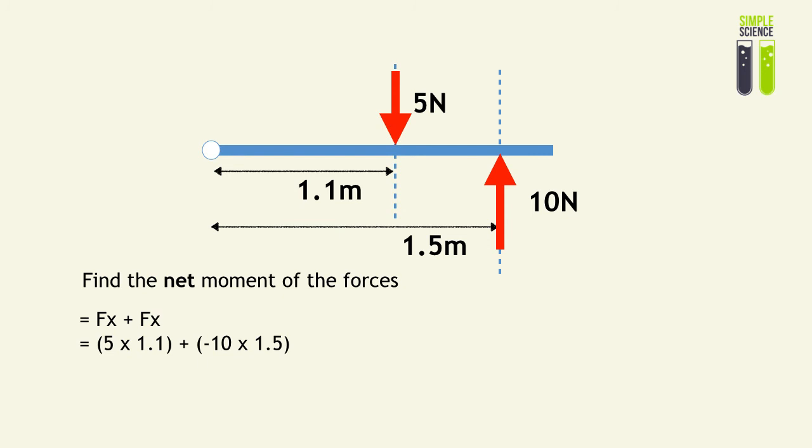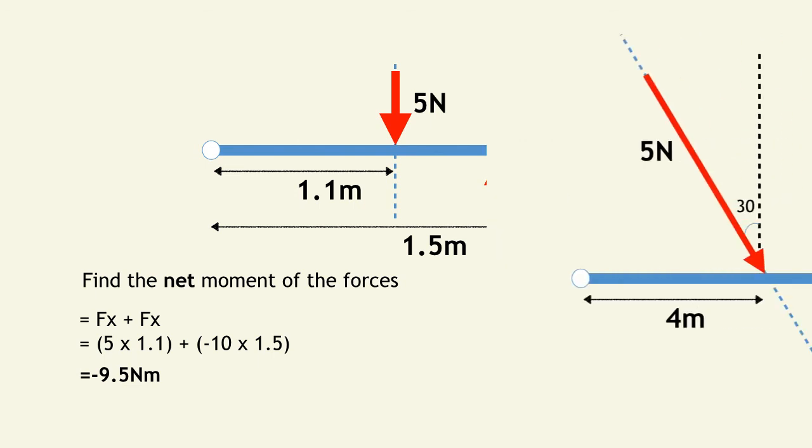Such as if you want to make 5 newtons a positive force, you have to make 10 newtons negative. So you have 5 times 1.1 add minus 10 newtons times 1.5 meters from the pivot. And this should give you a turning effect of minus 9.5 newton meters. So you would expect this thing to rotate anti-clockwise.